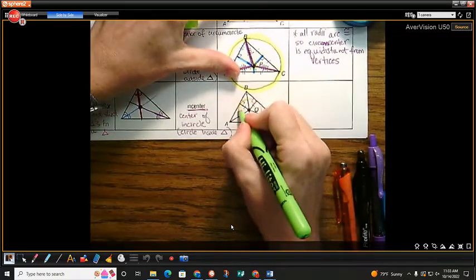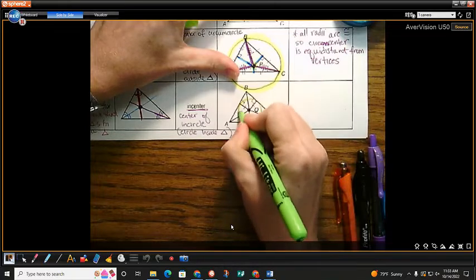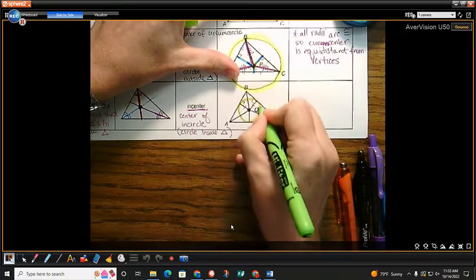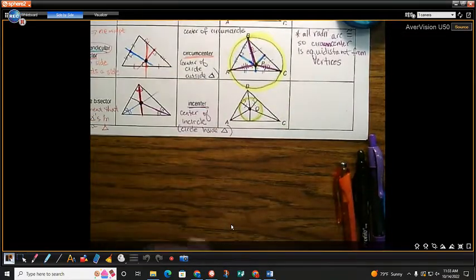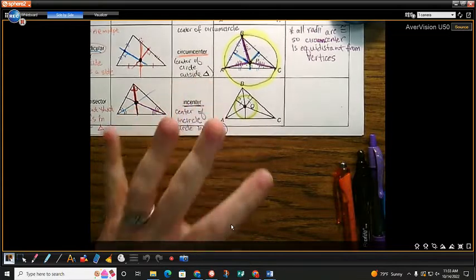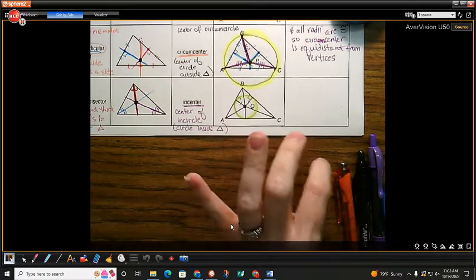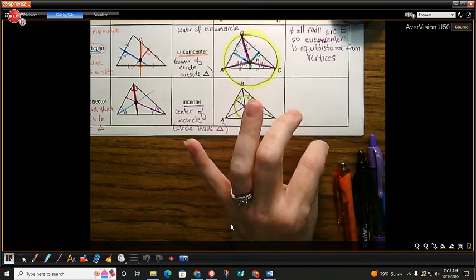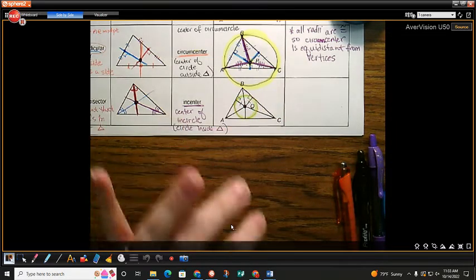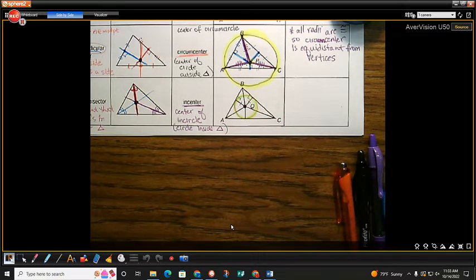So this is your incircle. Now that I've drawn my incircle, go into this picture and color the three angle bisectors that created that incenter of the circle. Think again: how did I find angle bisectors?